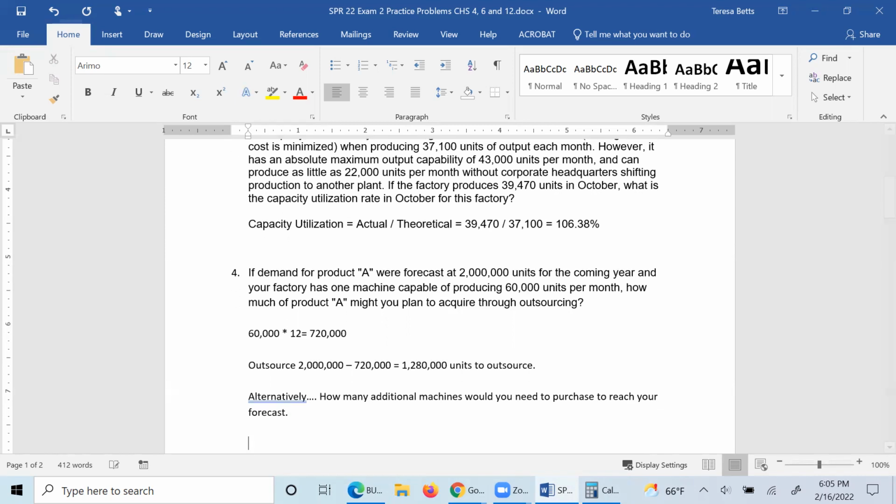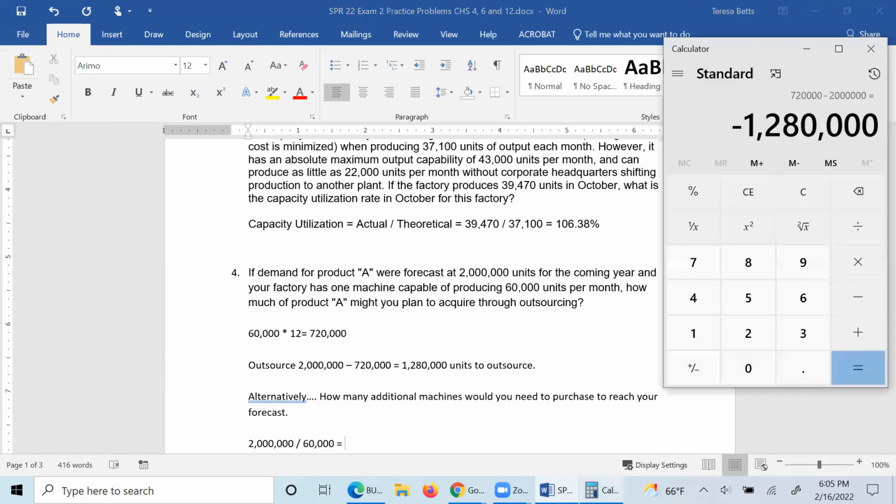And I could get to that by saying 2 million divided by 60,000 is going to tell me how many machines I need, right? So that says that I'm going to need, oops, didn't do that quite right though, did I? What did I do wrong?